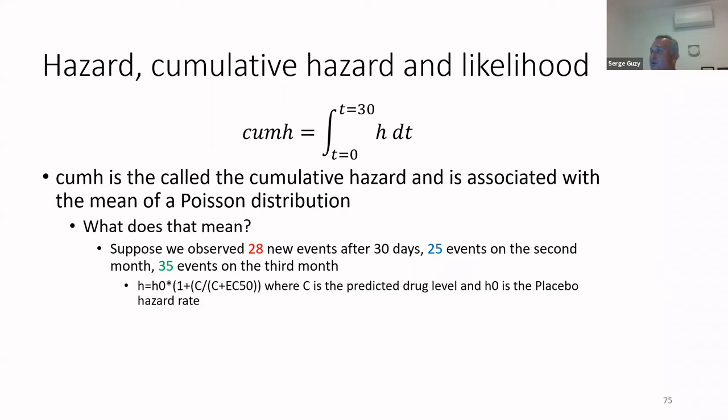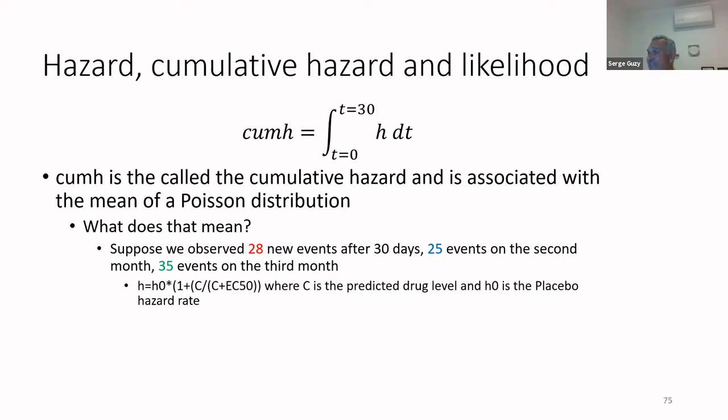What the program will do is calculate the cumulative number of events over the first 30 days. And H is a function, A plus B multiplied by C. The program is going to integrate the hazard rate over the first 30 days and get the cumulative hazard. It's basically the cumulative number of events.